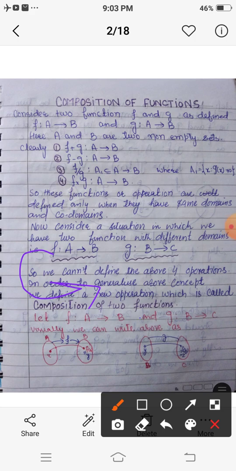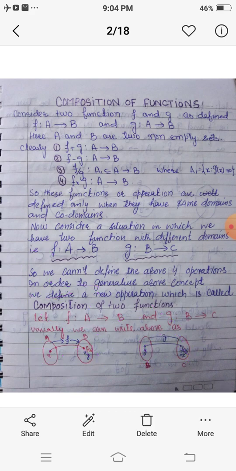Here the situation for this composition is, we have two functions: f from A to B and g from B to C. Here x belongs to A and x is related to y, that is f of x equals y, where y is an element of B. Now B is the domain of g, so this y is mapped to z, that is z belongs to C and g of y equals z, while f of x equals y. So f is a function from A to B and g is a function from B to C. Now we have to define the composition of these two functions.